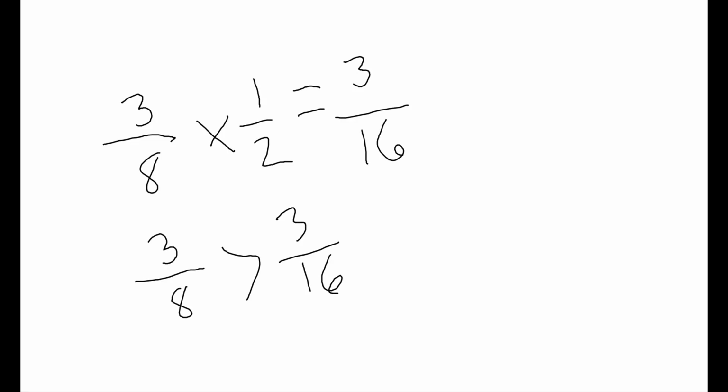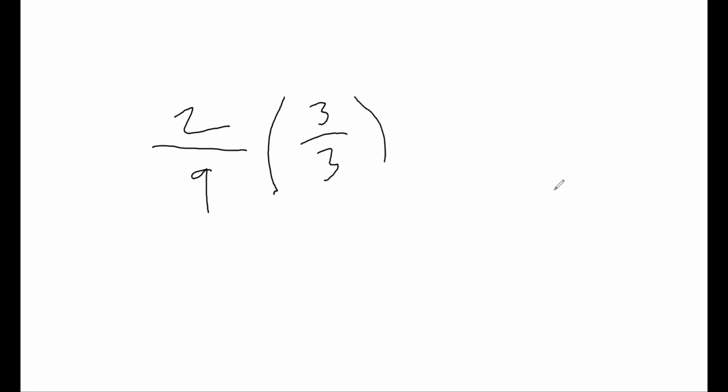Problem C is a trick question because you're multiplying by 1 whole. And if you remember, what does it mean if you multiply a fraction? So if you're multiplying 2/9 by 3/3, that's a whole number. What does that mean? It's not greater than or less than the answer.